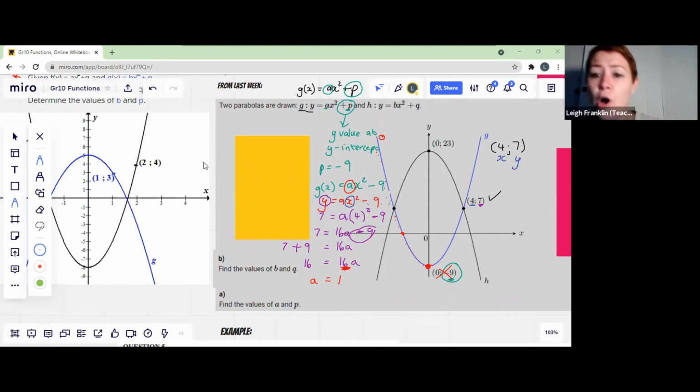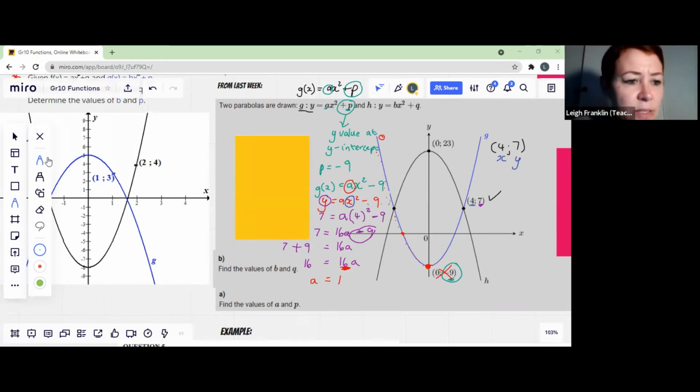You got positive 2. Okay, so what I'd like to have happen here is just to give Inhlafatso a chance. We have gone through, and yes, Nosisa, we are only looking for the A value because that's all they wanted.